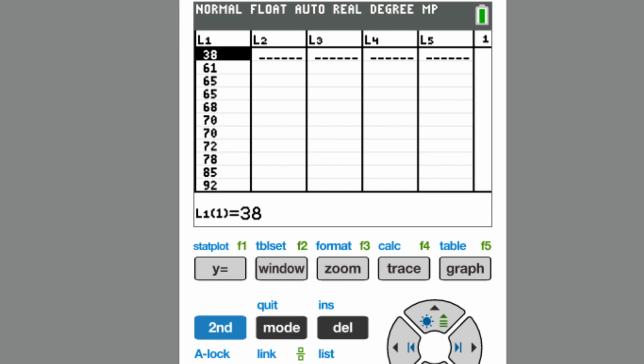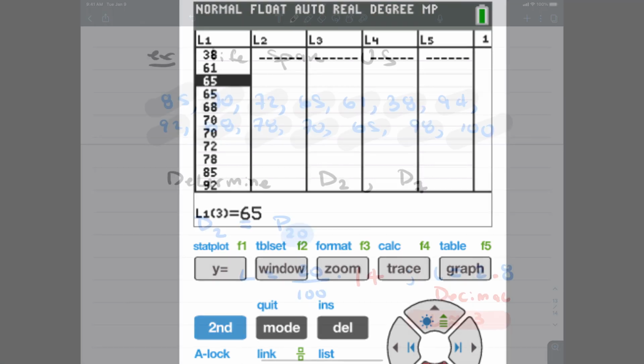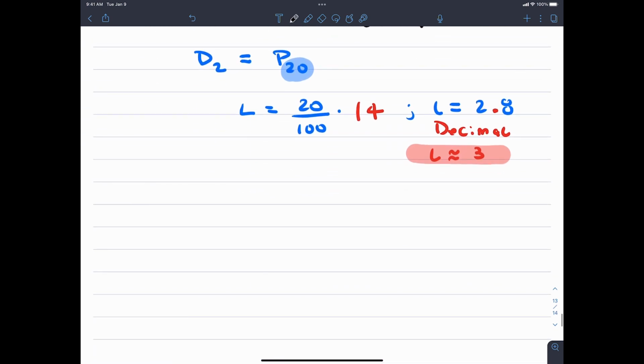Go down to 3. So, ladies and gentlemen, what does this tell me? 65. In other words, D2 is 65. We did this yesterday and today. That's what you have to do.